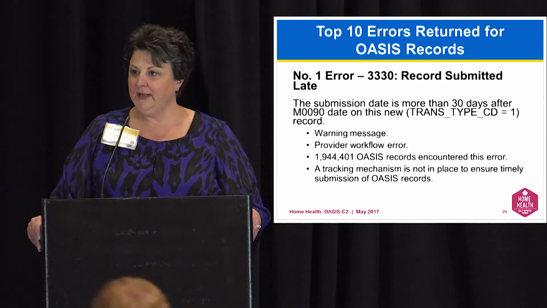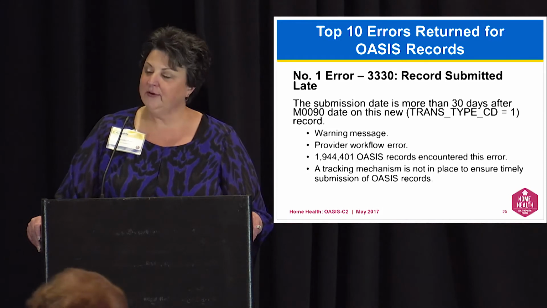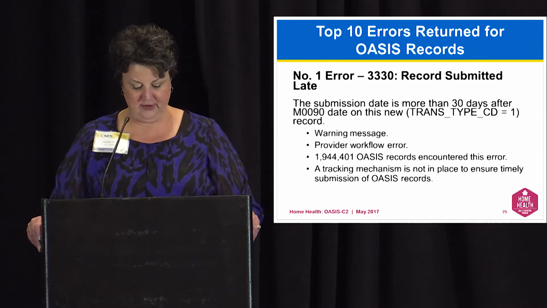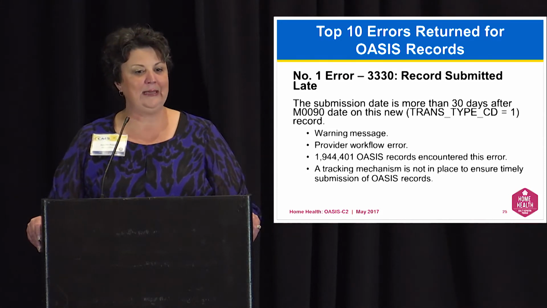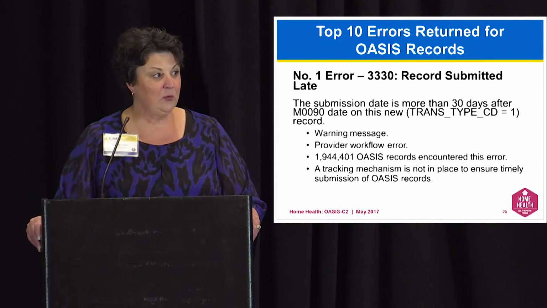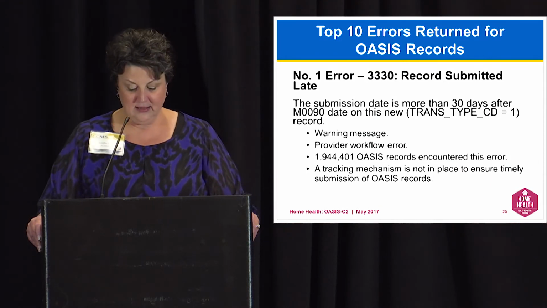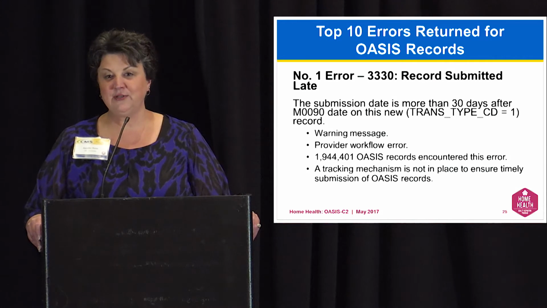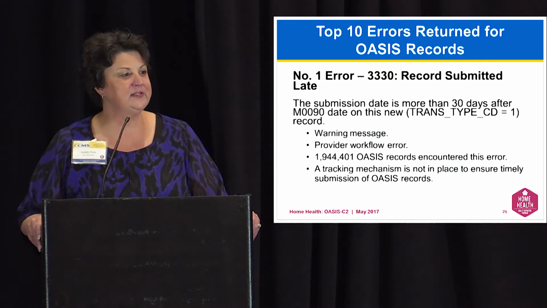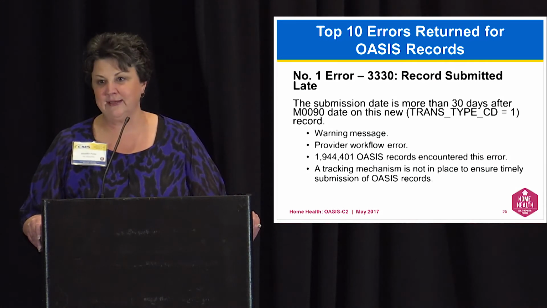So the number one error that we have is error 3330, record submitted late. So this is a warning message, and the cause of this is just what you would assume it to be. Whoever submitted that assessment didn't do it on time.